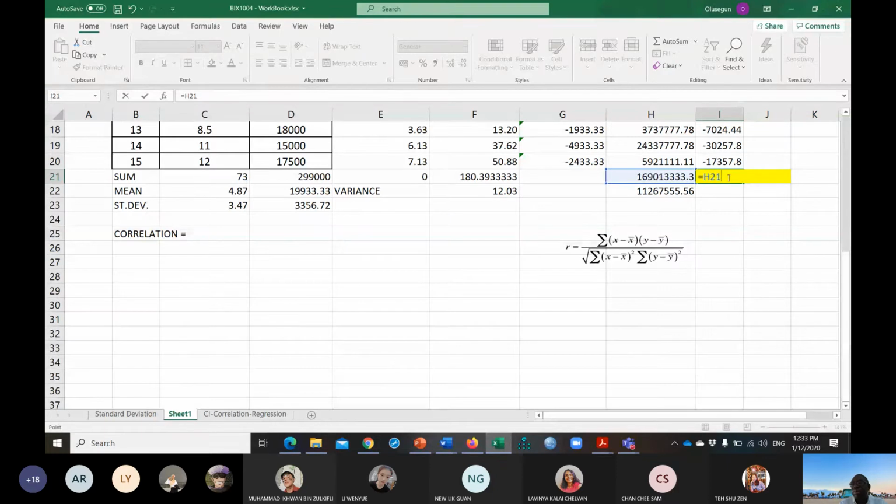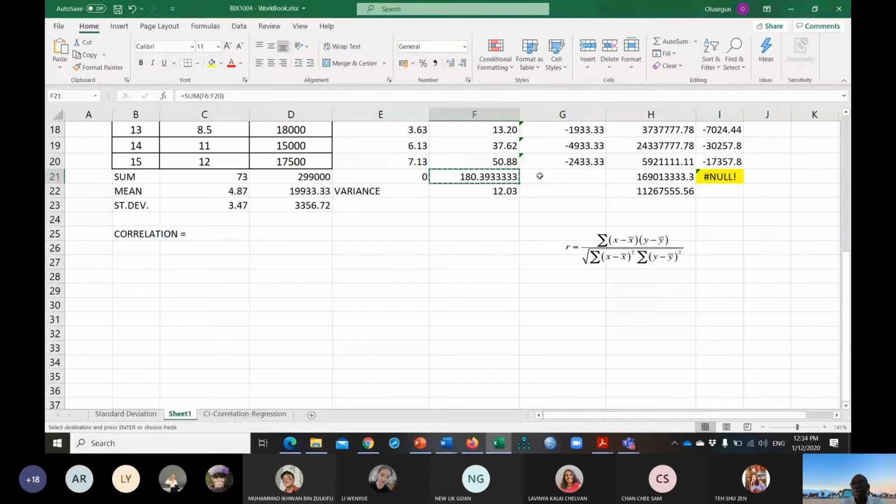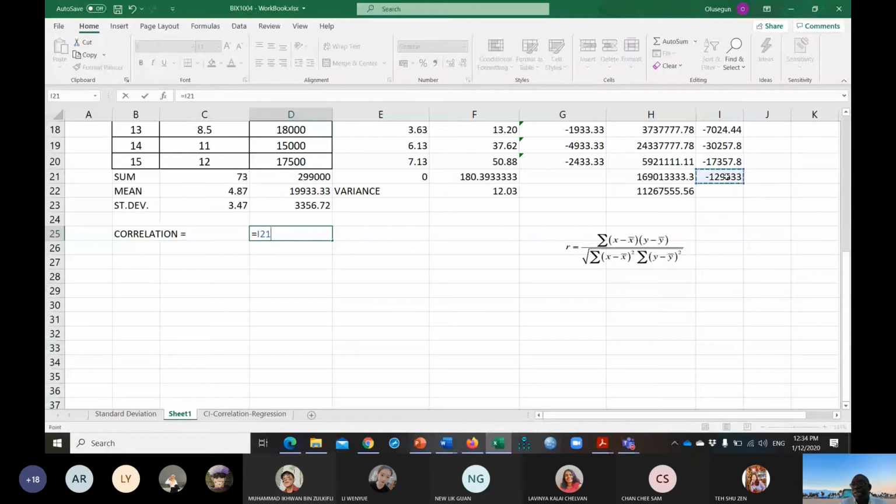Control C. What happens now? Okay. So here now equals this divided by bracket open, this multiplied by this, bracket close.